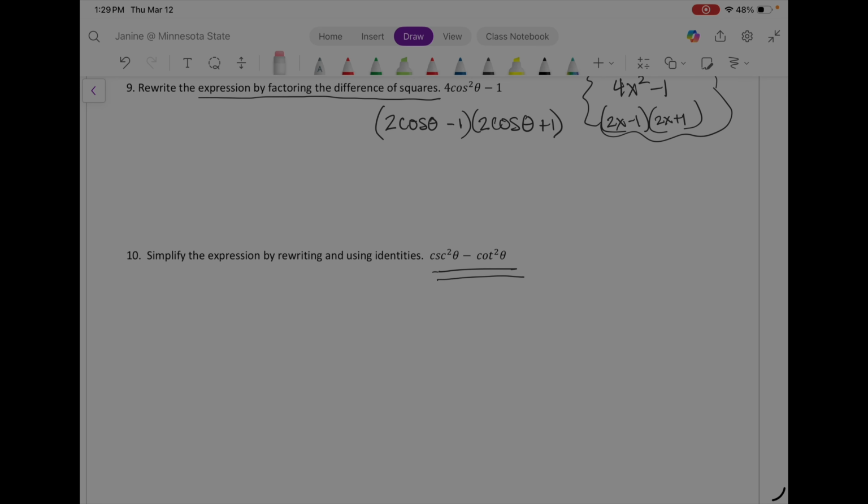So, all right. And then simplify the expression using identities. So they're not telling us what it should simplify to. They're just saying, hey, simplify it. No problem. I know that, 1, you could change everything to sines and cosines. 2, you don't need to if you can make bigger jumps by using your identities.